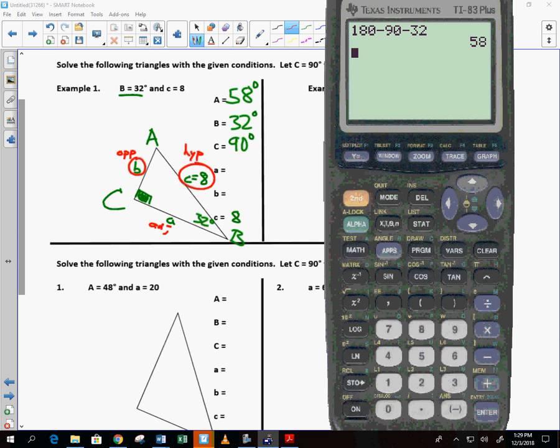So if he's looking for the opposite and he has the hypotenuse, does he want to use sine, cosine, or tangent? Opposite, hypotenuse. Which one? Sine. So he sets this up. He says the sine of 32 degrees is equal to opposite B divided by 8.